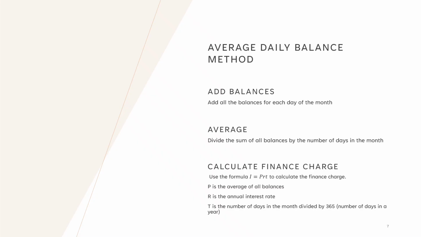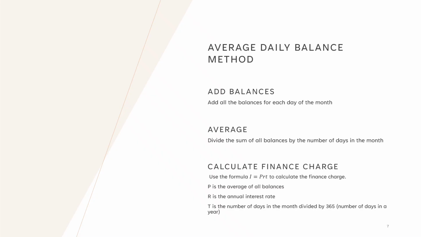Because this is the average daily balance method, we need to use a daily finance charge, which means that our T is going to change to a daily calculation. So our formula, I equals PRT, is going to remain the same. Principal is the average of all of our balances.